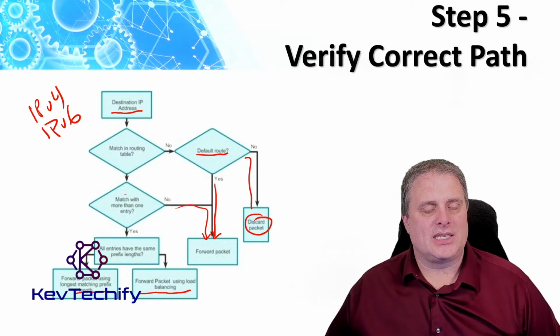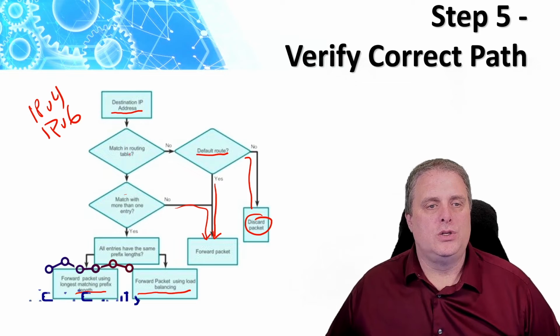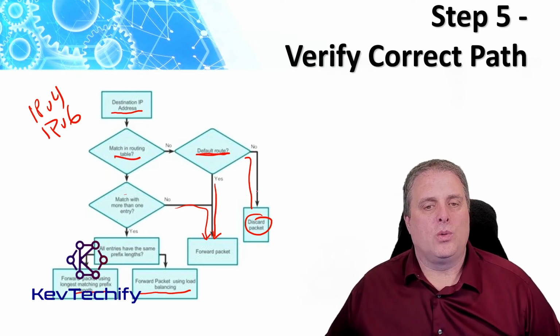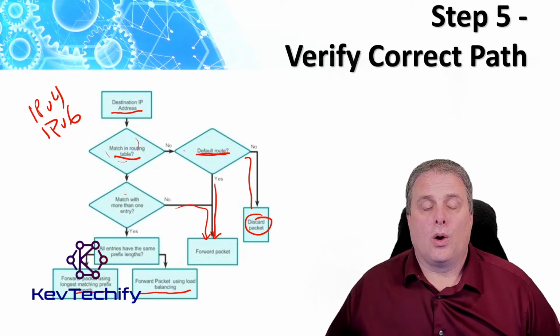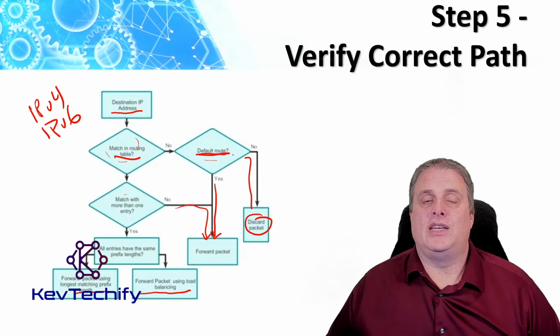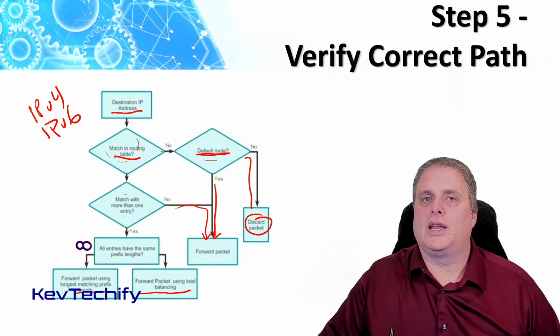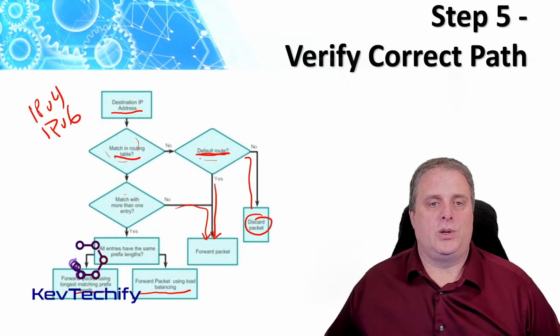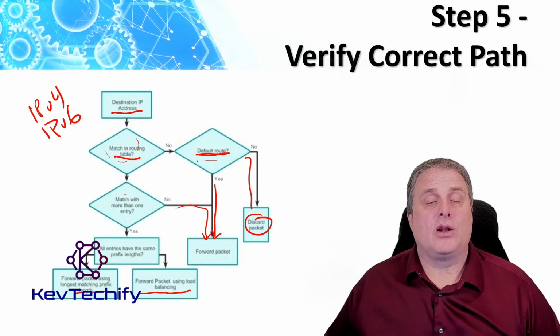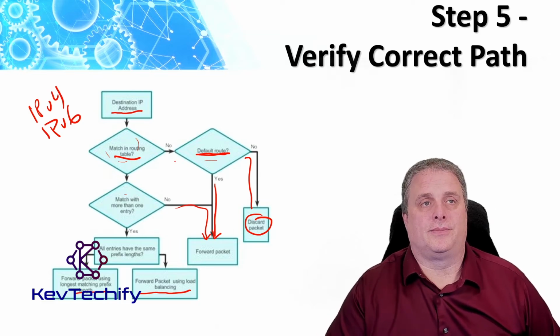So there can be situations where if there's no match in the routing table and there's no default route, it will get discarded. So you need to make sure that you either have a match or that you have a default route. A lot of times on a stub network where there's only one connection on and off of the network, you're going to use default routes. So make sure you have that set up, and a lot of times that'll point to your ISP.